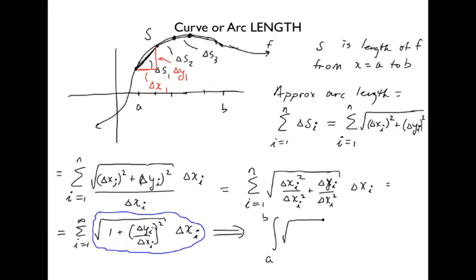The square root of delta yi over delta xi, when things get really small, dy dx, which is the derivative of f. So dy dx, derivative of f. When things get small, that's what we get. Times dx equals s.